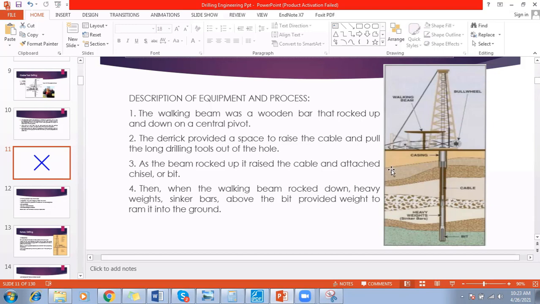Any student who may tell me? Yes, what are the components that are actually present in the borehole? Yes, Rafe. Rafe, are you there? Yes, sir.